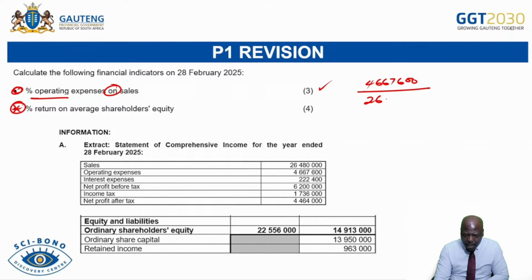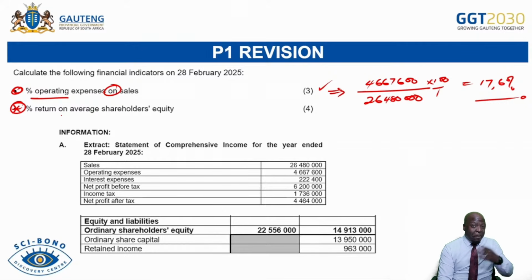Your sales is 26,480,000. And you multiply this by 100 over 1. And then you should get an answer which is 17.6%. That becomes the answer to this one here.